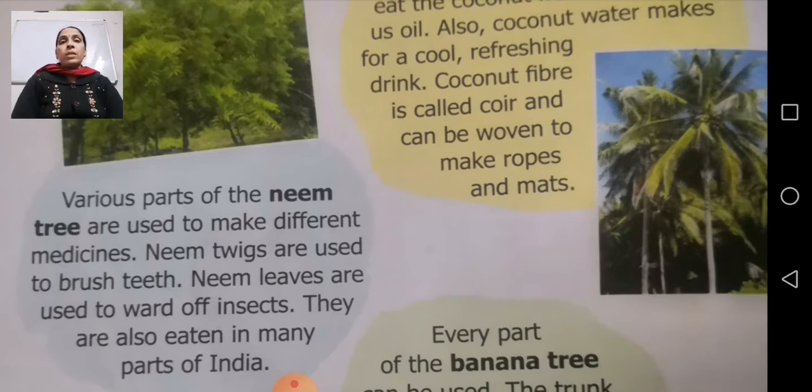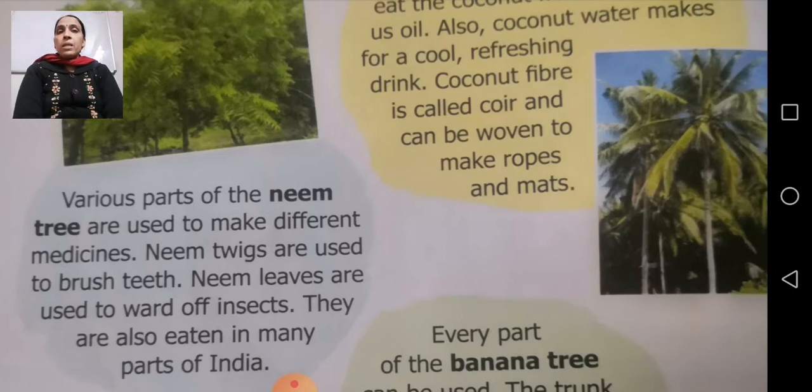Different parts of the neem tree, like the leaf, the stem, and the bark, are all used to make different medicines. Neem is very good for our skin.